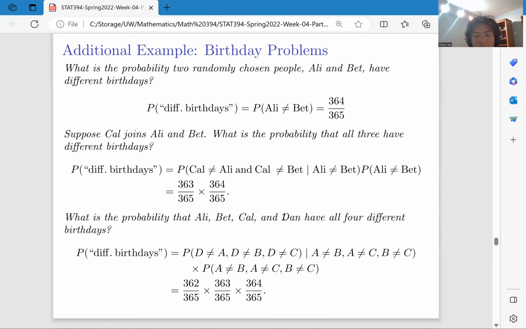And then we add another person, Dan. So we have persons A, B, C, D. We have 4 people now, and this is the conditional probability we use. Given that all of those birthdays are different so far, I'm just considering D cannot equal A, D cannot equal B, and D cannot equal C. It's 362 divided by 365, and we are done.